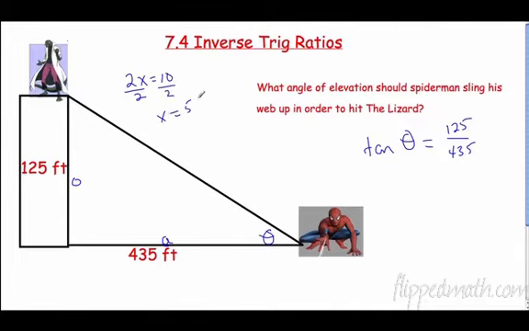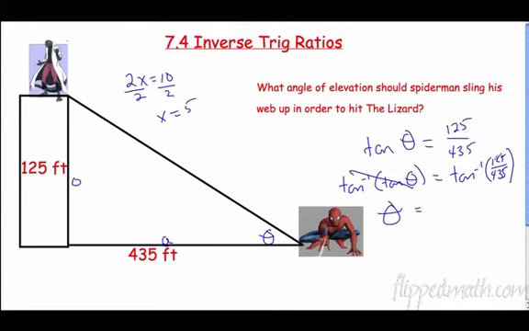The inverse of tangent is what we call inverse tangent. If I do it to this side, I have to do it to this side. And that cancels out, and that would give me theta equals the inverse tangent of 125 over 435.